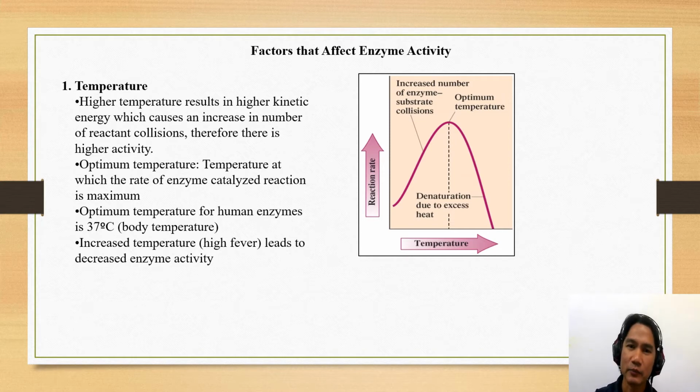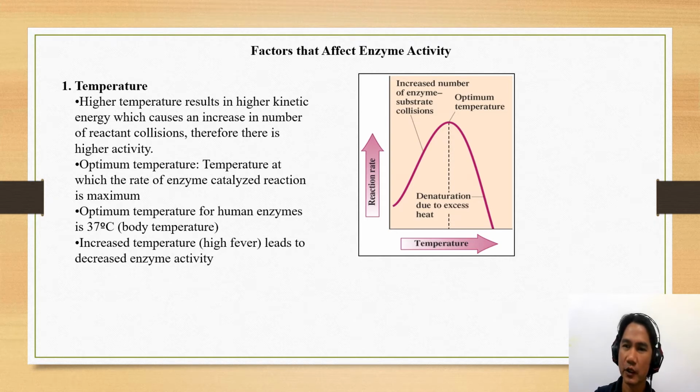For every enzyme, there is what we call an optimum temperature. The optimum temperature is where the enzyme reaction is at its maximum. In our body, the enzymes act at optimum at body temperature, 37 or close to 37 degrees Celsius.